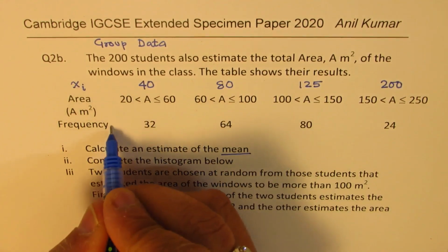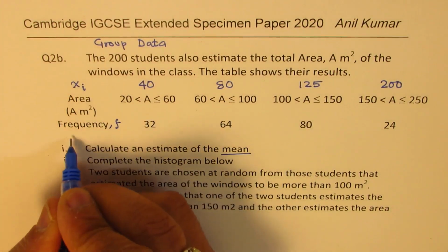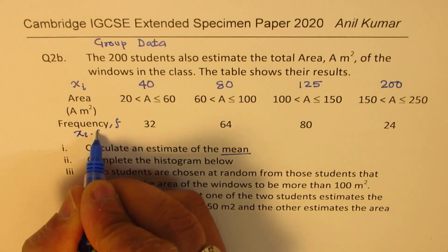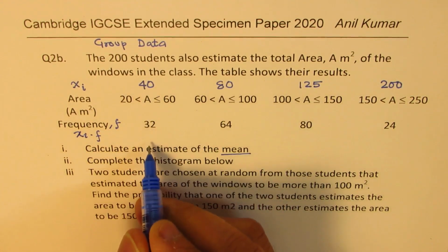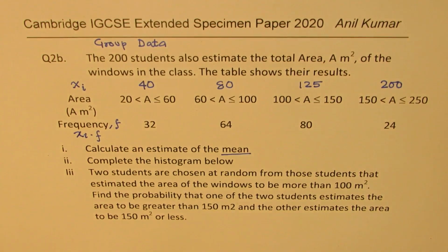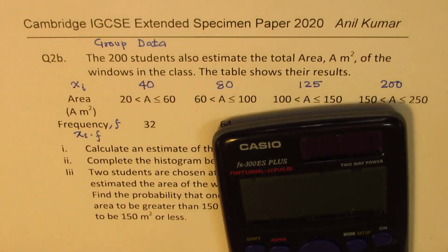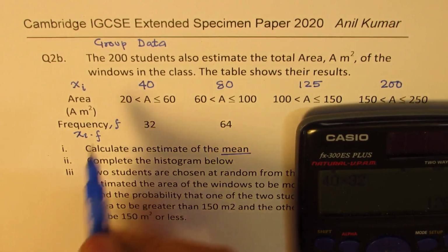Now, to find the mean, what should you do? You should find the product of the frequency and xi, right? So let's find their product. Multiply these two quantities and write your result here. Let's use a calculator. We have 40 times 32, which is equal to 1280.